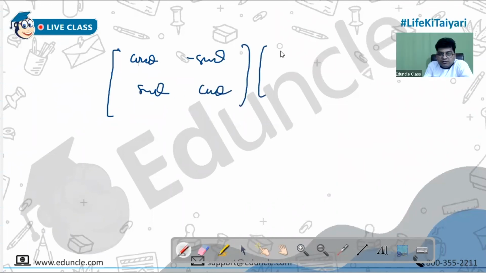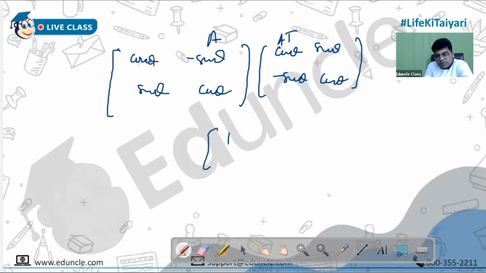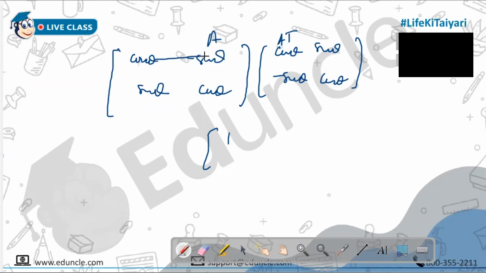Is it orthogonal? Cos theta, minus sin theta, sin theta, cos theta. A transpose: cos square theta plus sin square theta is 1.